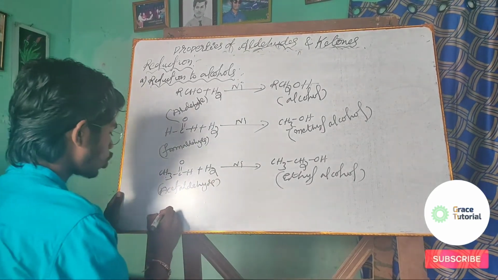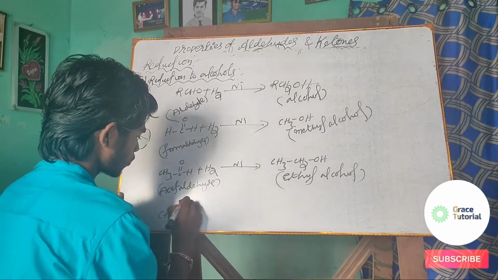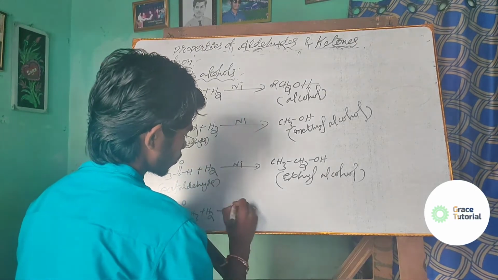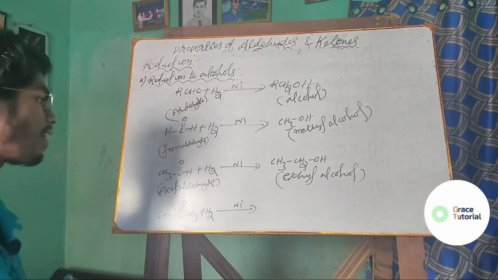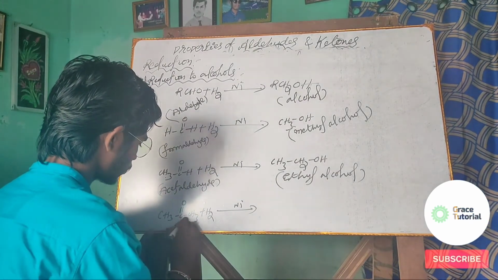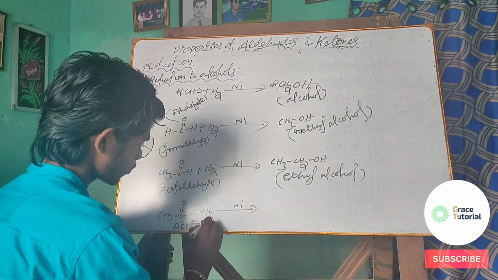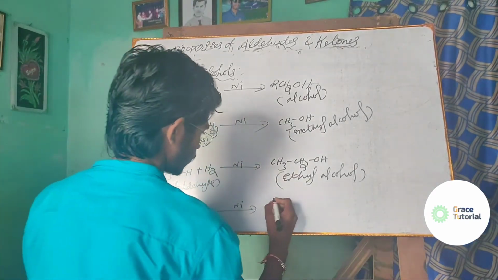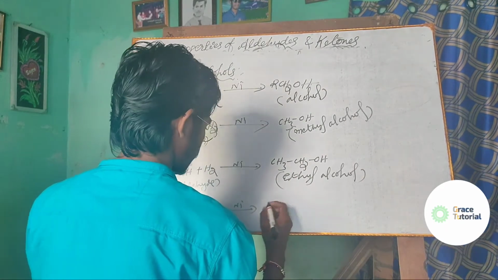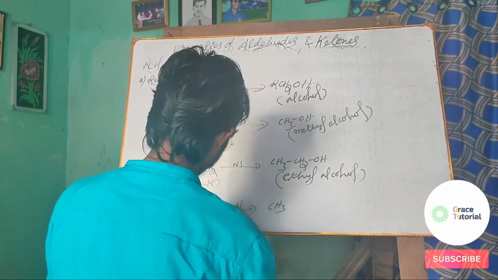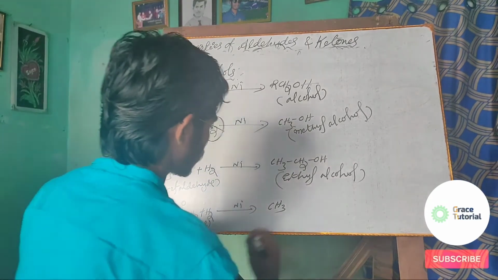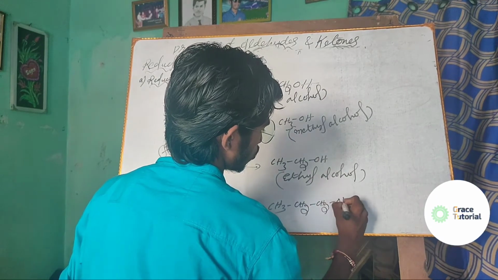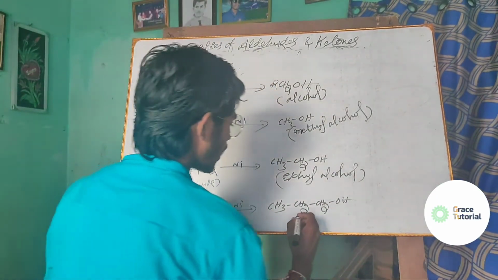If you take acetone, in the presence of nickel catalyst, it gives CH3CH2CH2OH, that is propyl alcohol.